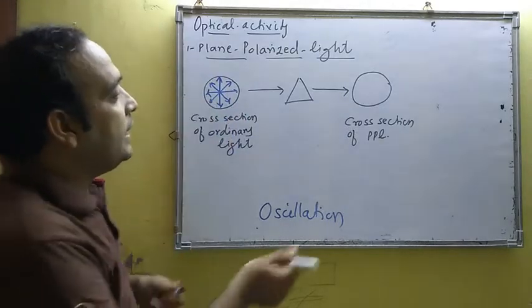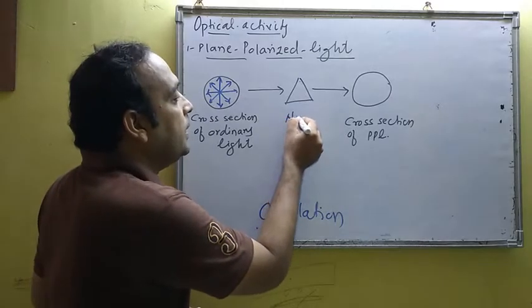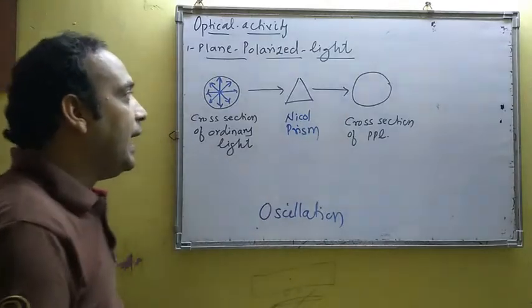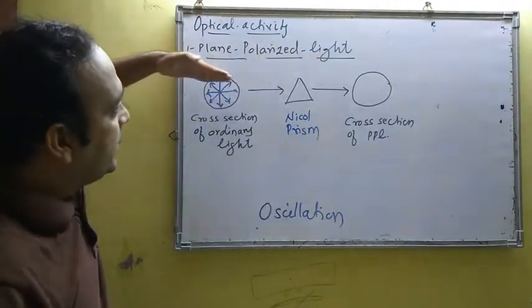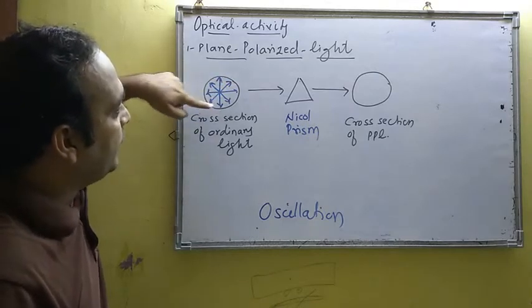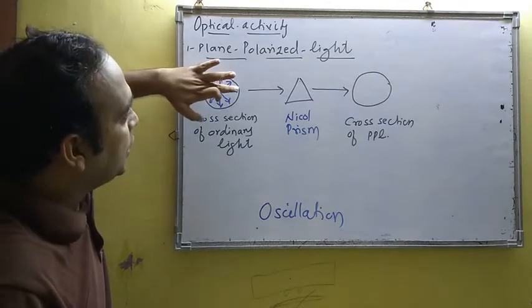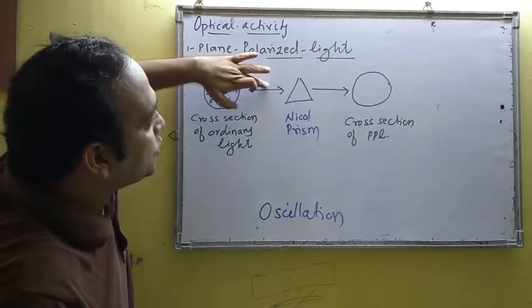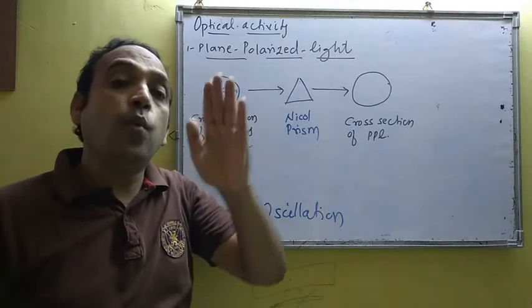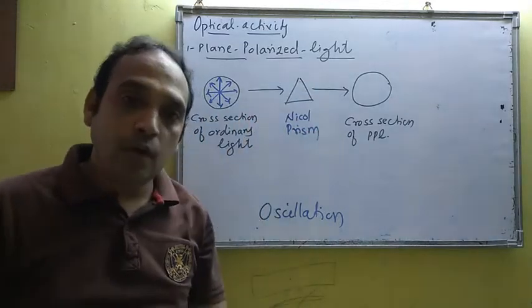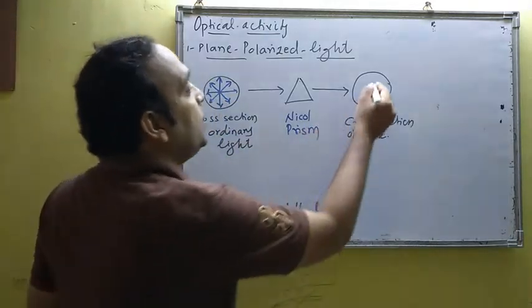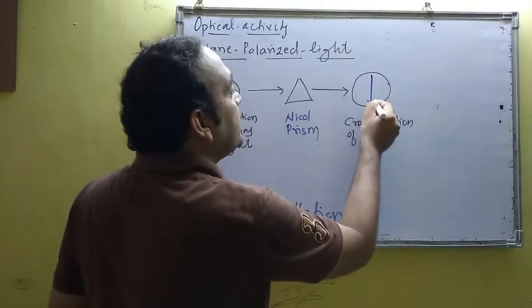When this ordinary light passes through a nickel prism, the light which oscillates in all possible directions, oscillation only in one plane emerges out. Oscillation only in one plane means you will get it like this.